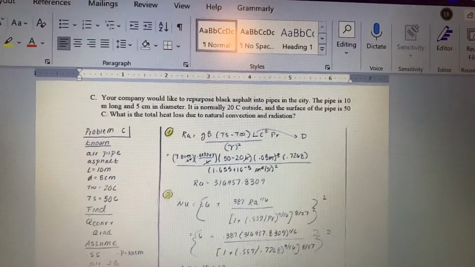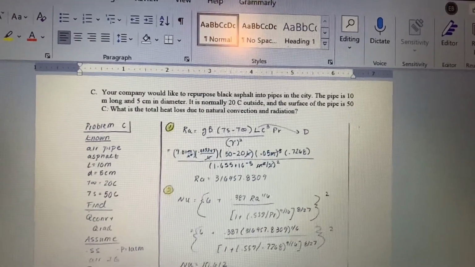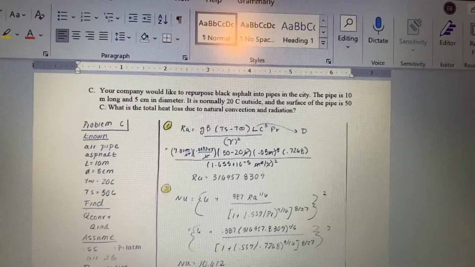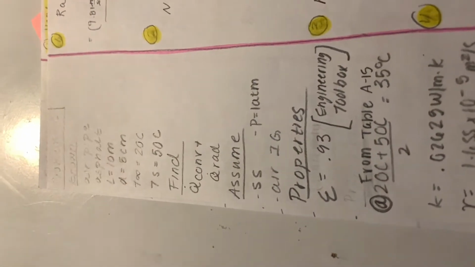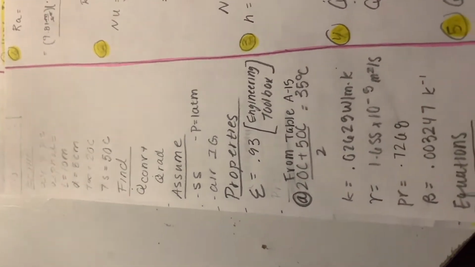This problem is about a black asphalt pipe, and you're going to look for the heat loss due to natural convection and radiation. So you are going to assume steady state, the pressure is at 1 atmosphere, and the air is an ideal gas.